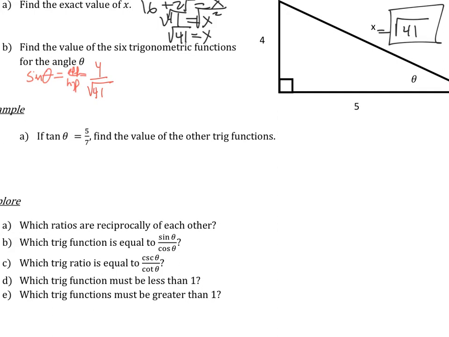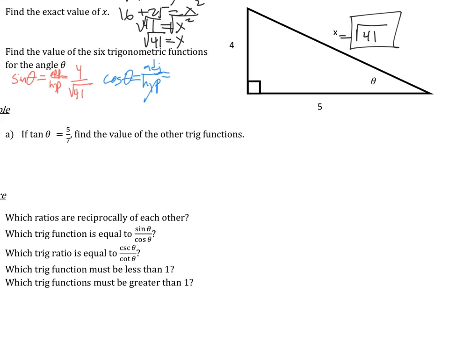The cosine of theta is adjacent over hypotenuse. And the adjacent is the leg connected to the angle that we're talking about. This is theta. That is the leg that's connected. It's called adjacent. So that's 5 over the square root of 41.